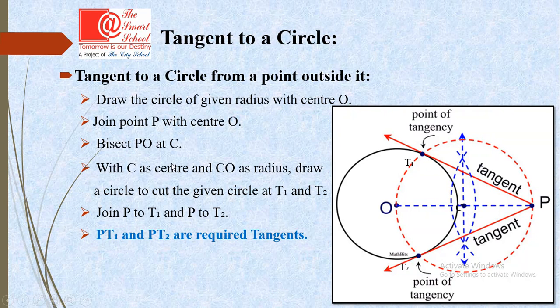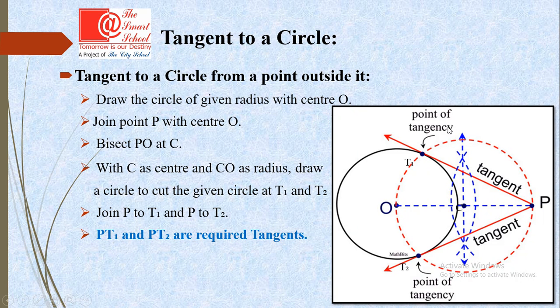Now with C as center and CO as radius, draw a circle to cut the given circle at T1 and T2. See this? We have taken C as center and drawn a circle with radius OC, and this is the new circle. The points where this circle is touching the previous circle are the points of tangency.